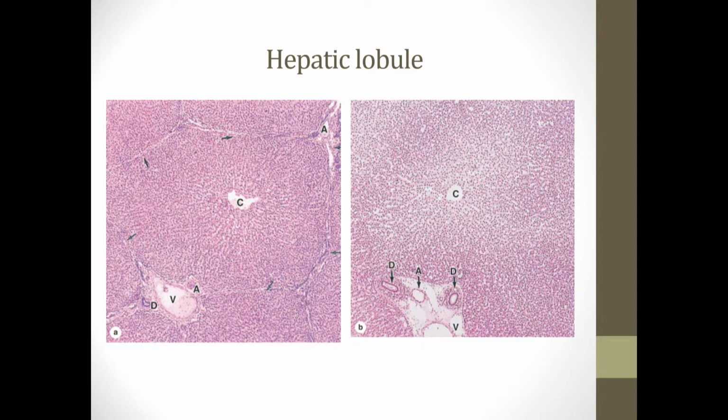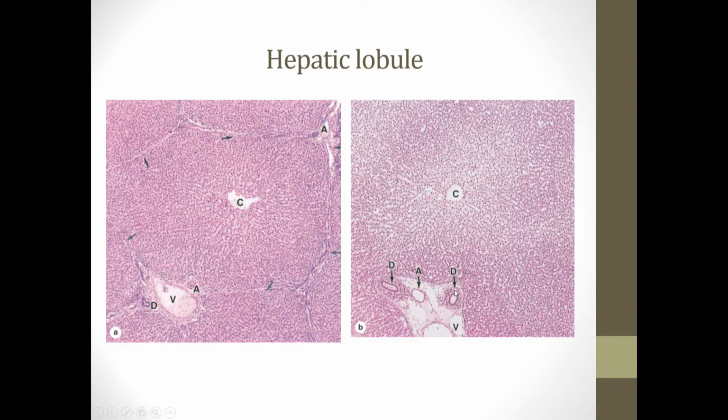In pigs, each lobule is more visible. This is one lobule, another lobule, and here it is more difficult to find such lines.